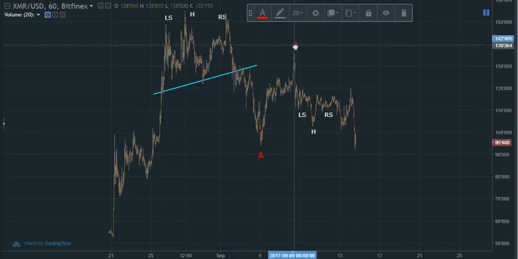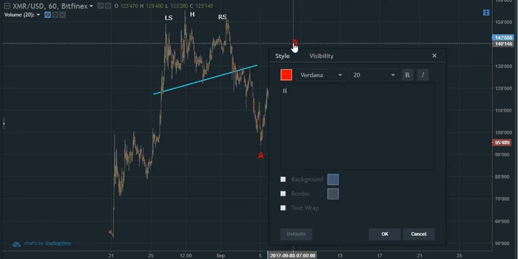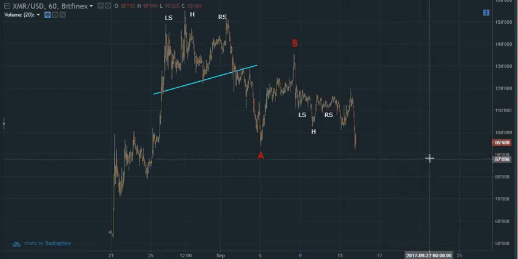And this spike, I believe, put in the B wave of the ABC correction.